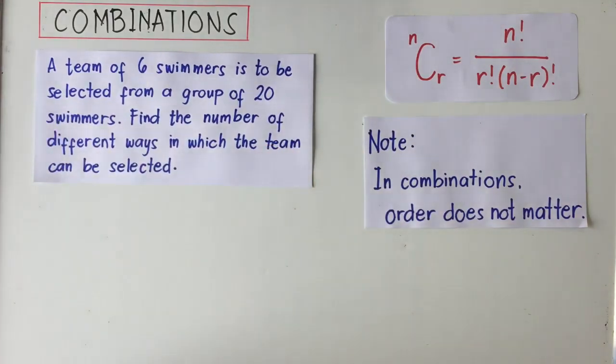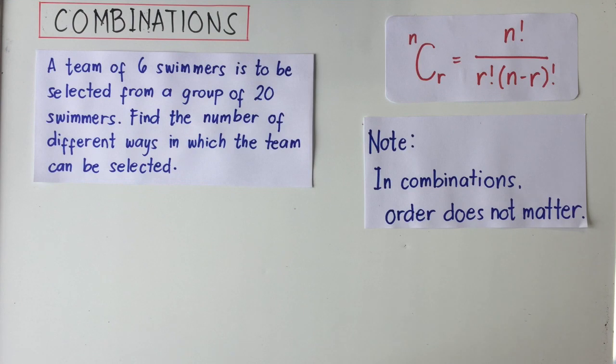A team of six swimmers is to be selected from a group of 20 swimmers. Find the number of different ways in which the team can be selected. If you are saying 6 swimmers, it's generally for those people, so you don't need to bring them in order.